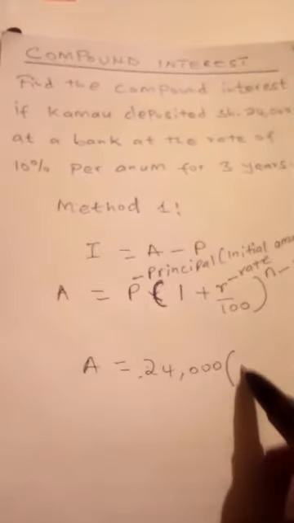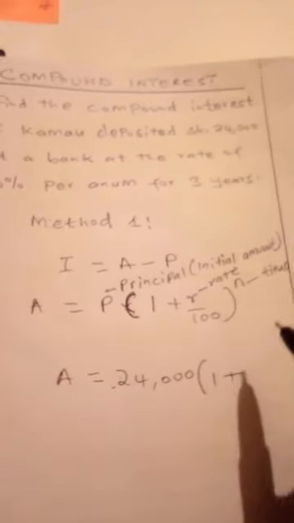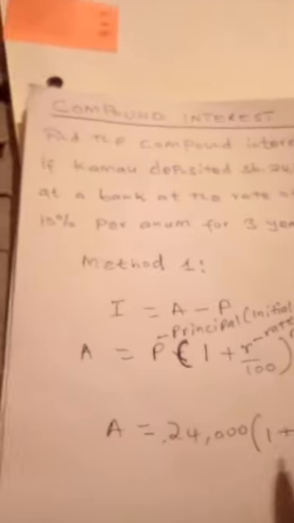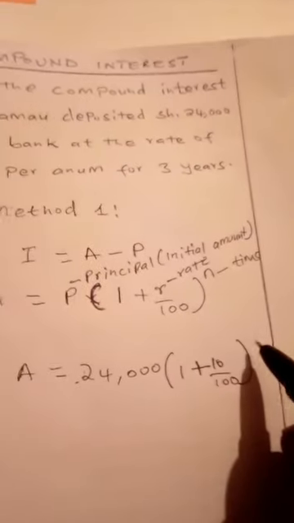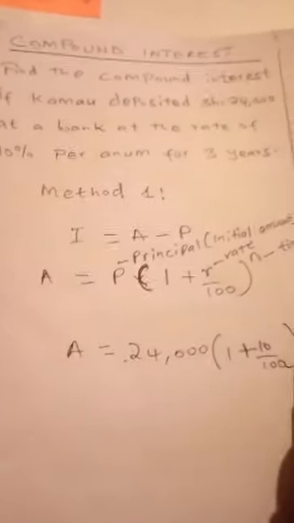We open the brackets. 1 plus the rate over 100. The rate is 10%, which means it is 10 over 100. We close the brackets, to the power of n. N is time, which is 3 years here. So to the power of 3.